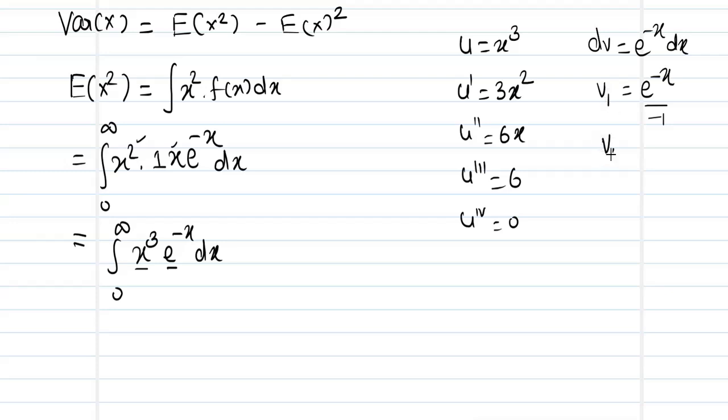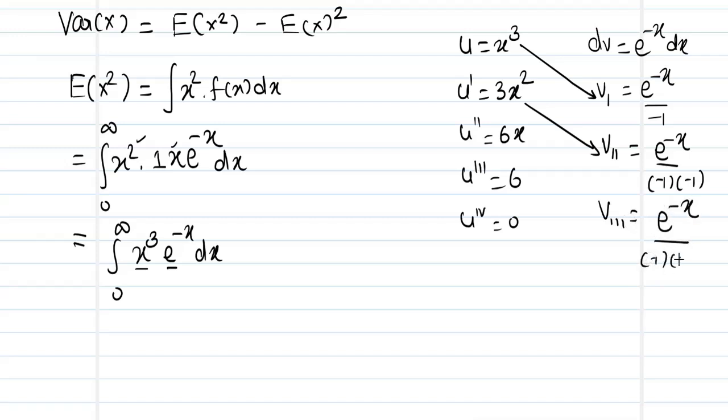So v2, double integration: this is e power minus x divided by minus 1. One more time when I integrate, I will have one more minus 1 over here. So how to club it? The first term with v1, second term with v2. How to club this with v3, the third integration?